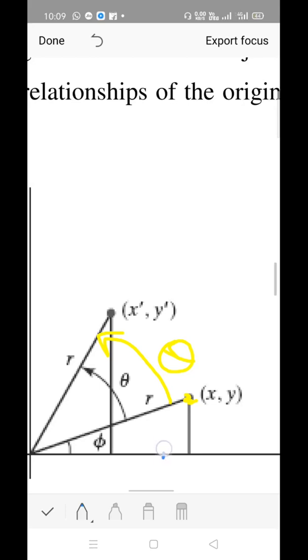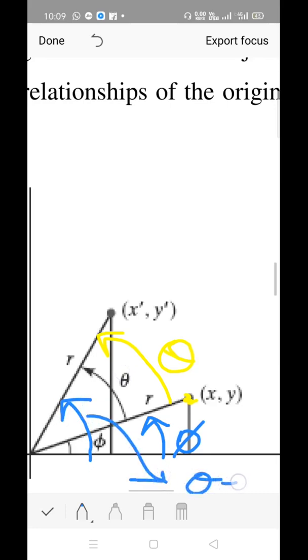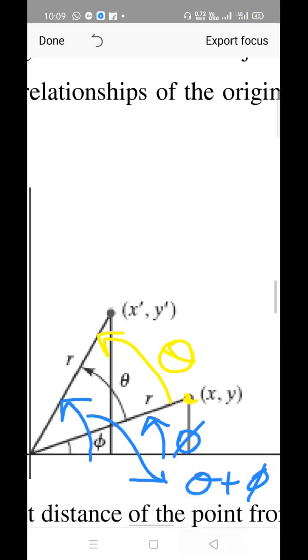With respect to the x plane, it already has an angular displacement of phi, which we considered in the initial stage. Now, while computing the total angular displacement, you have to take it from the x-axis. It will be phi plus theta, right? It will be theta plus phi. Please analyze, you will understand.